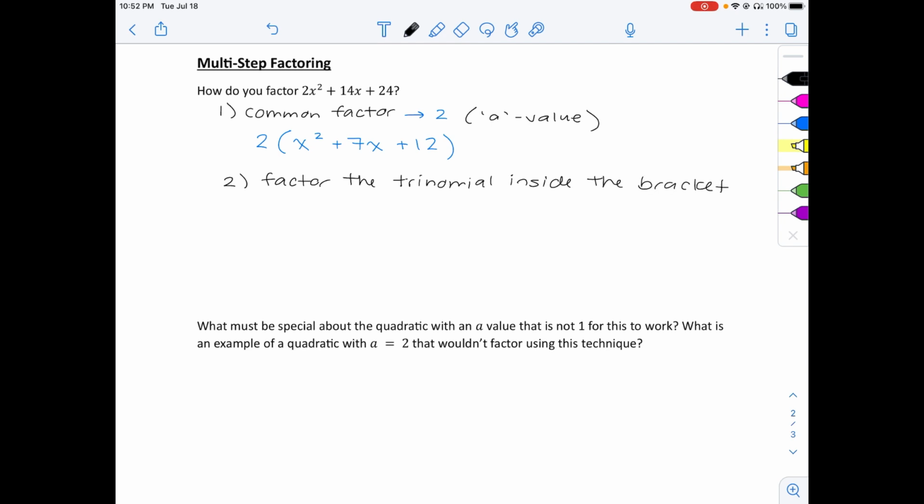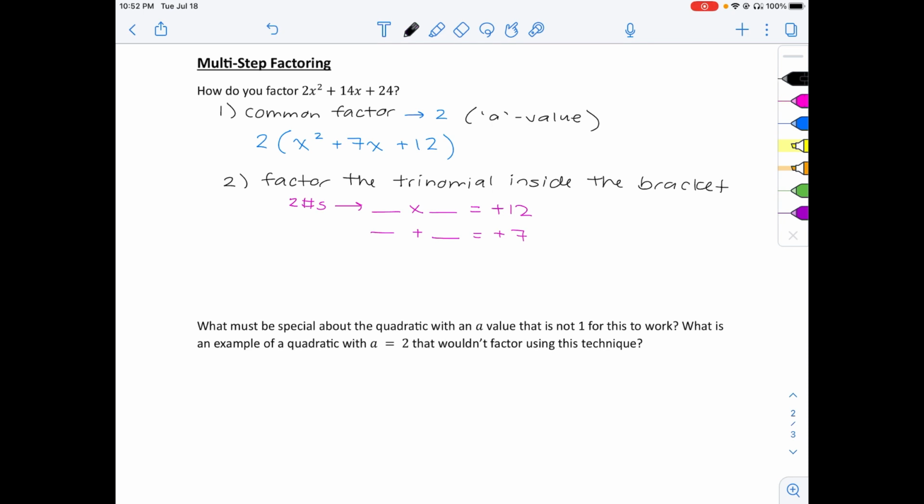So similar to what we looked at yesterday, I'm looking for 2 numbers that multiply to give me positive 12 and add to give me positive 7. Okay, they're multiplying to the c value, adding to the b value.